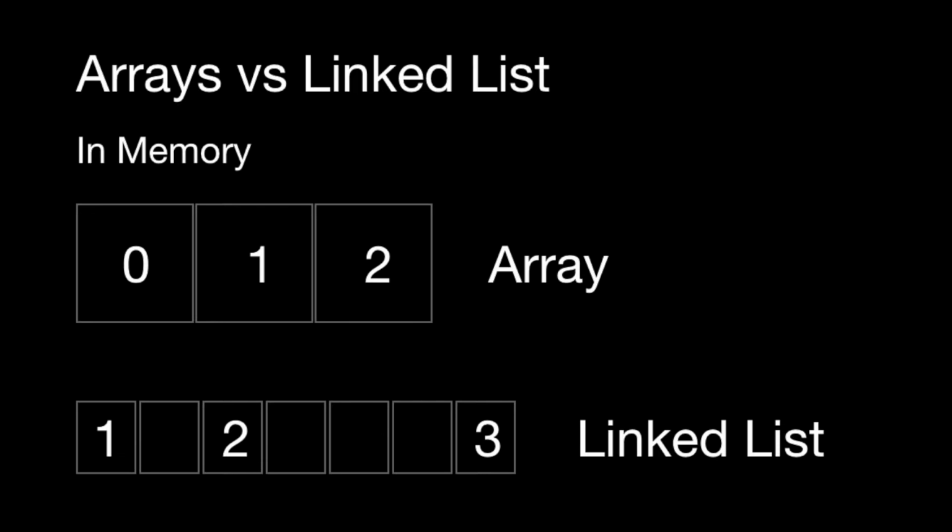Whereas in a linked list I can store the items in different locations in memory, but in my program I can still use the items without allocating continuous blocks of memory.